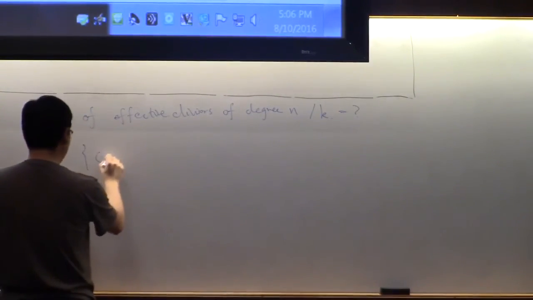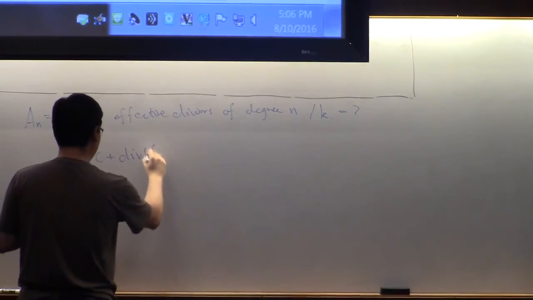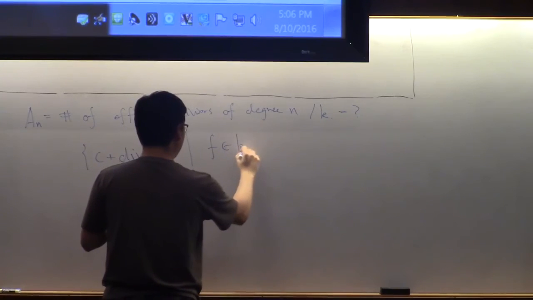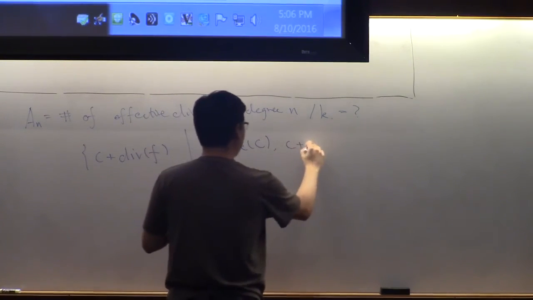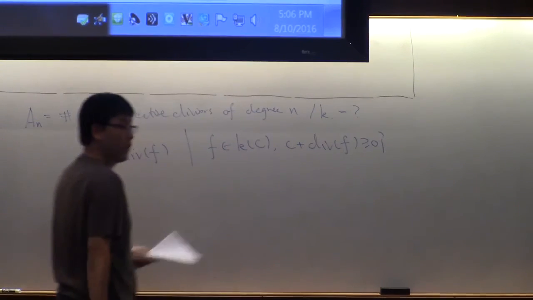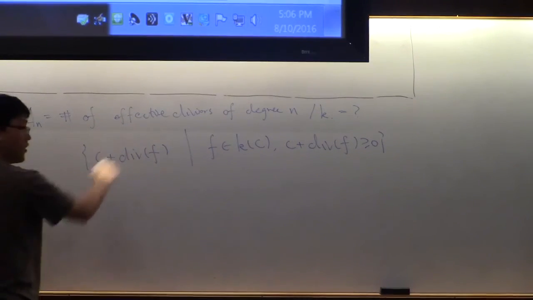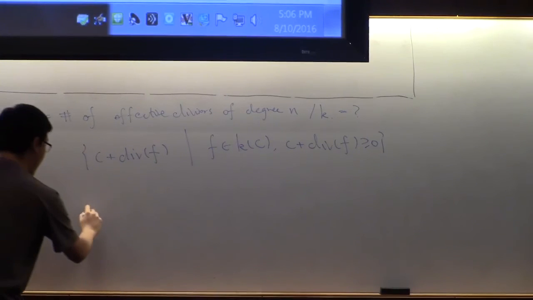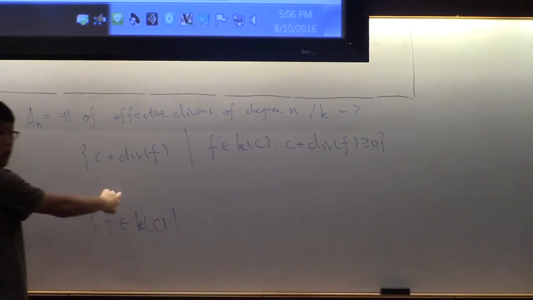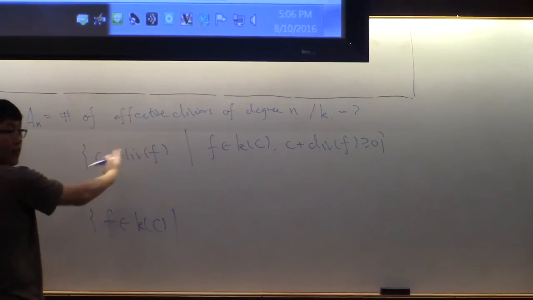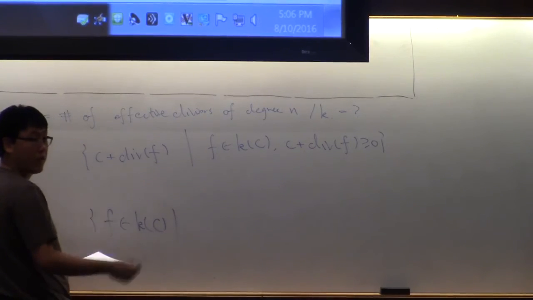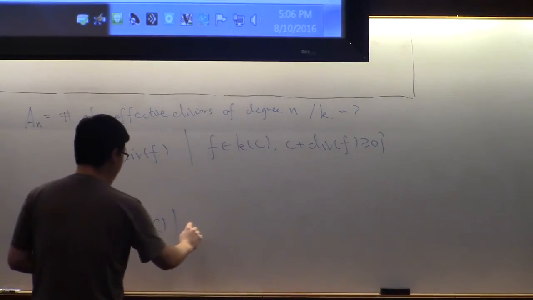So now let's consider the case. Here, I consider all the divisors, but on the other hand, I can consider all the possible rational functions which may appear in this sense. So what are these functions? What kind of condition should these functions satisfy?